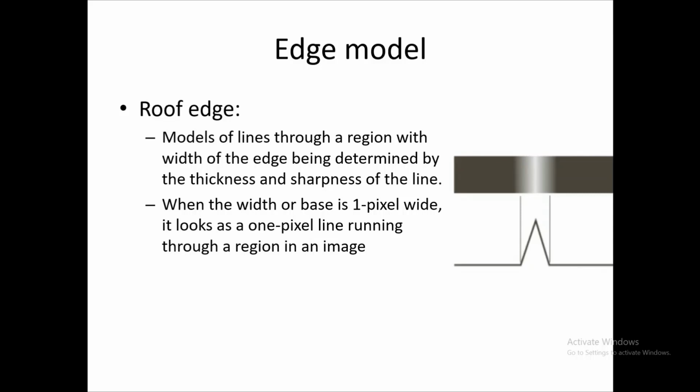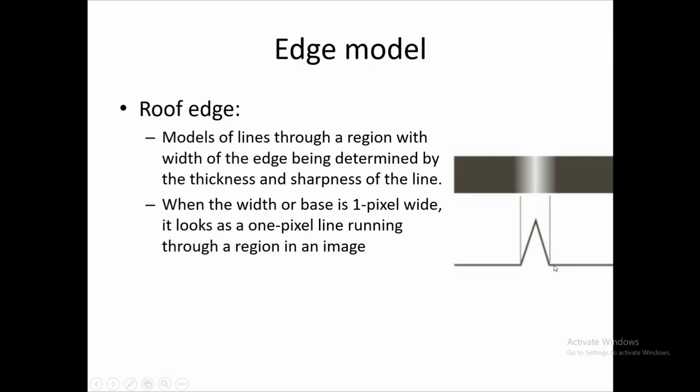Here we can see this is the image of a pipe, and the pipe appears closer to the sensor than its background. If we see the intensity profile, it looks like this. In the case of the roof model, it goes up and it comes down again.